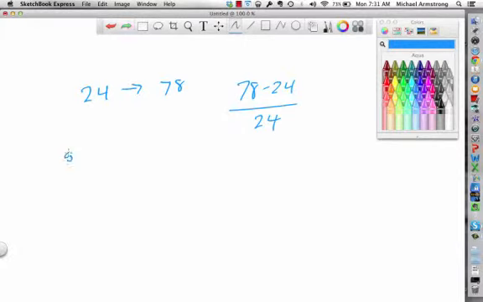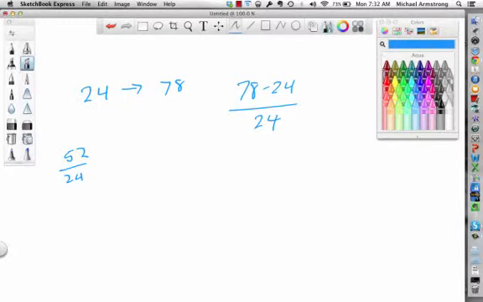Let me check: 24 plus 52. No, it would be 54, wouldn't it? So it's good to check your work, because 20 plus 50 is 70 and 4 plus 4 is 8, so 24 plus 54 is 78. So the difference here is 54 over 24.